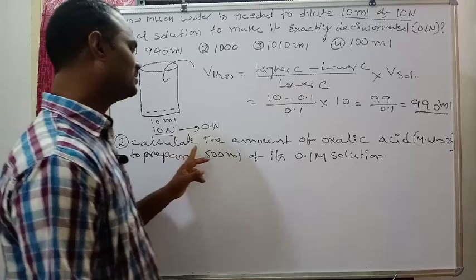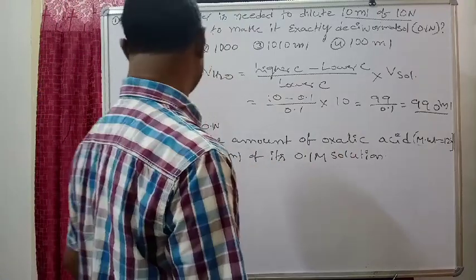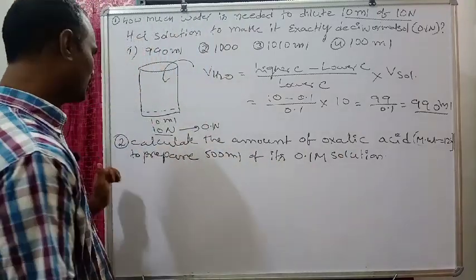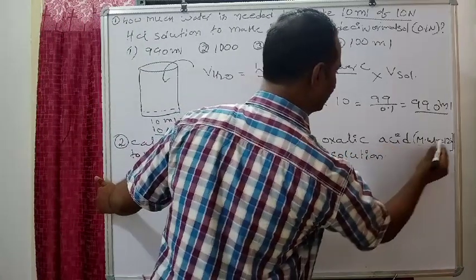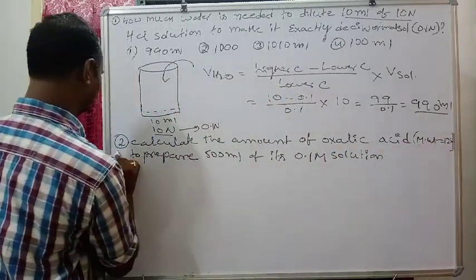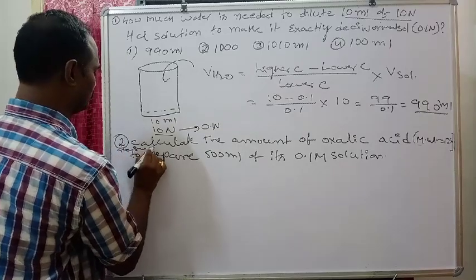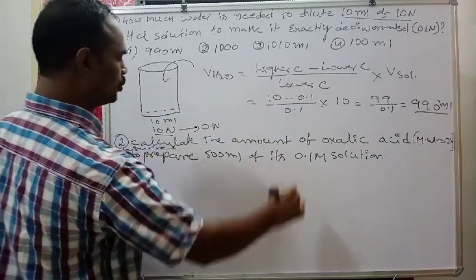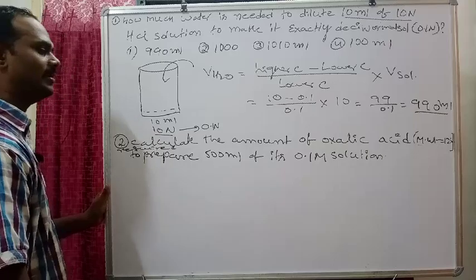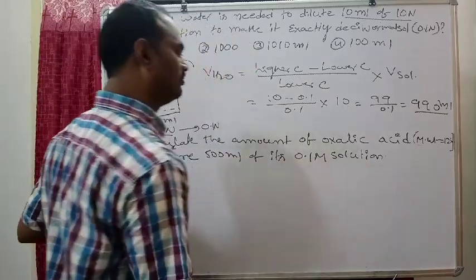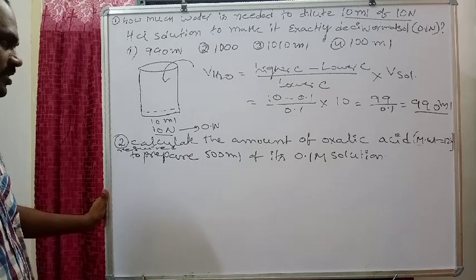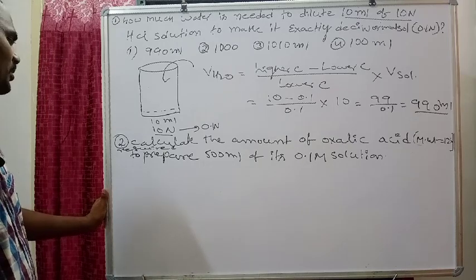Next, carefully see, sir. Here: calculate the amount of oxalic acid required to prepare 500 ml of its 0.1 M solution. Sir, here it is a molarity-related problem.